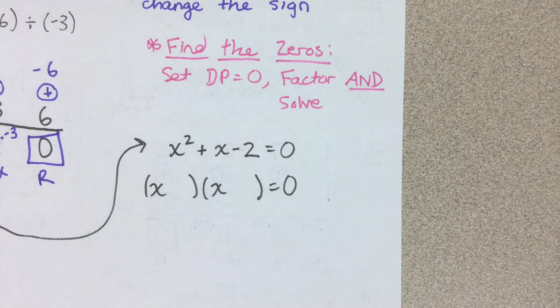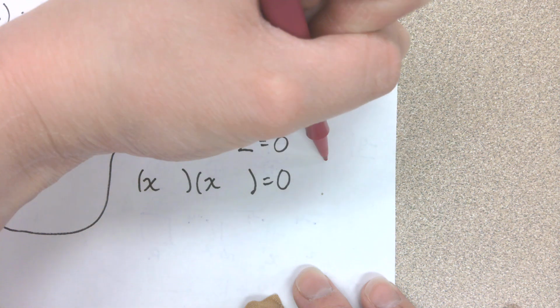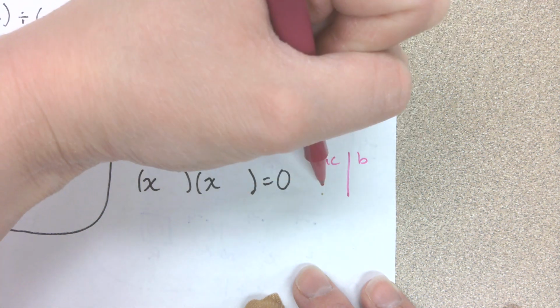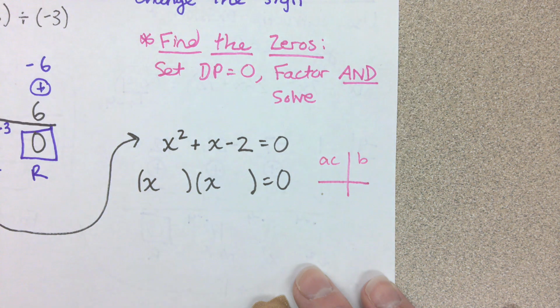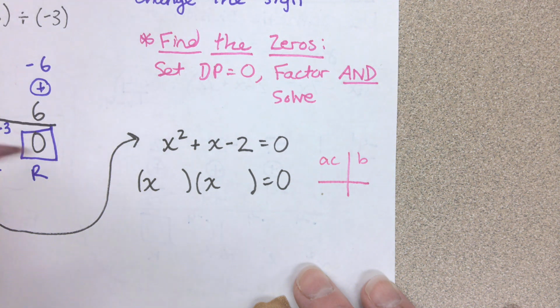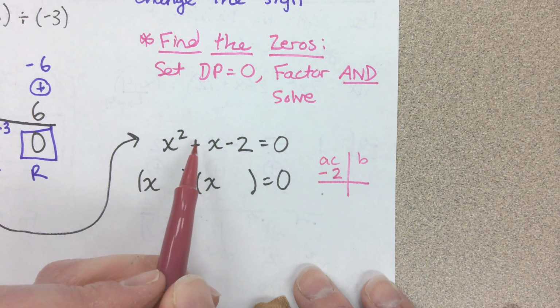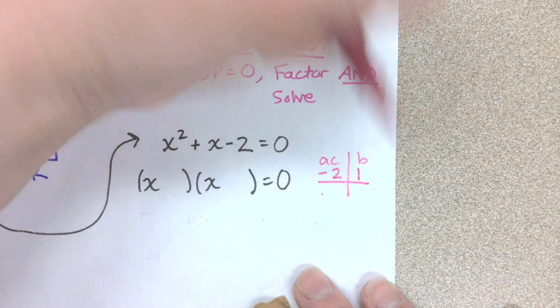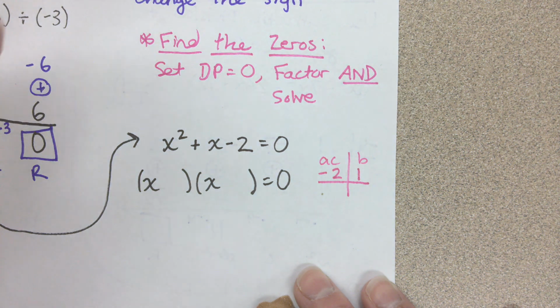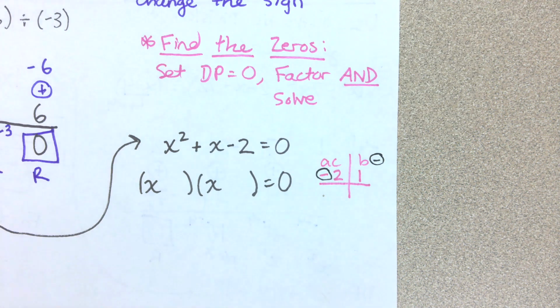Keep bringing it down. And then we'll set up an ACB chart. A here is 1. 1 times -2 is -2. B in the middle is also 1. Since the C value has a negative, we are subtracting to get that 1.